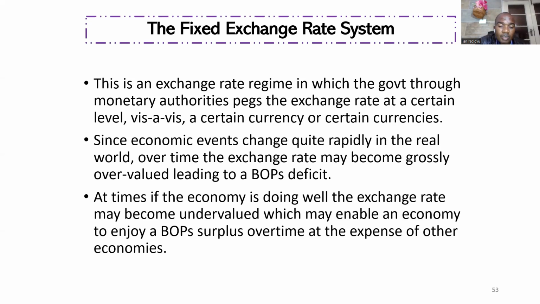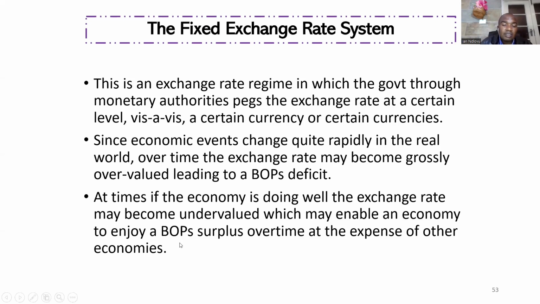China is a communist country where things are fixed by government. Most macroeconomic fundamentals are fixed by government. So the Americans would say the Chinese deliberately keep the value of the yuan grossly undervalued so that they can push their exports, not only to the United States of America, but to other economic regions such as the European Union and also Africa, in order to enjoy a balance of payments surplus over time at the expense of trading partners.